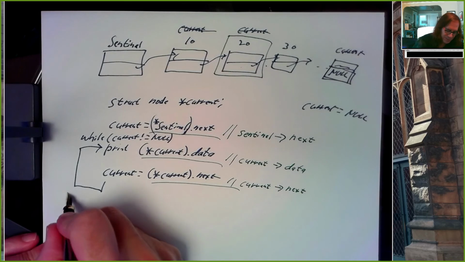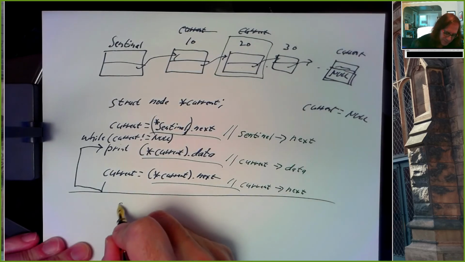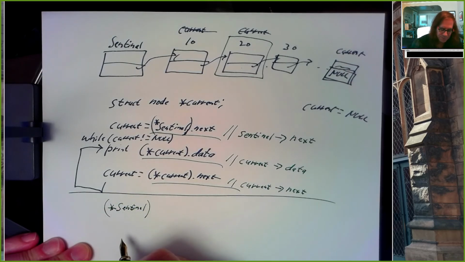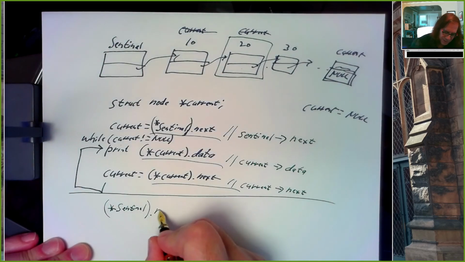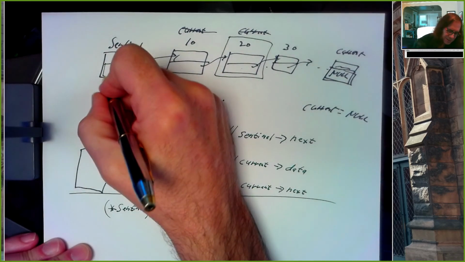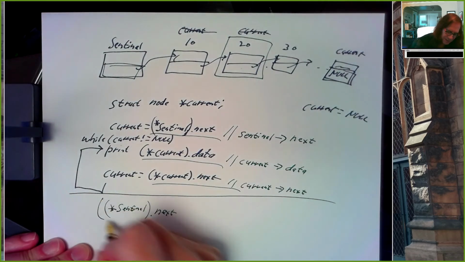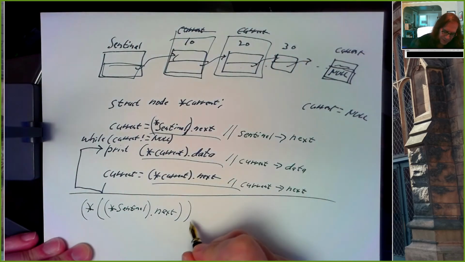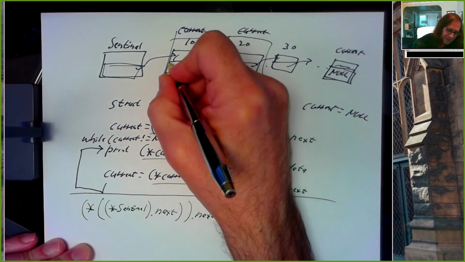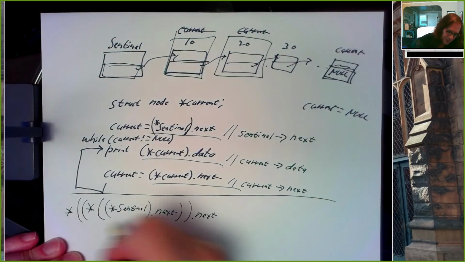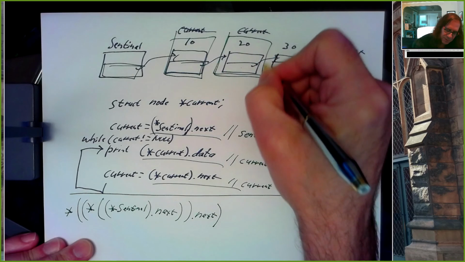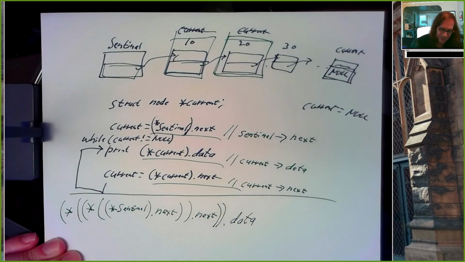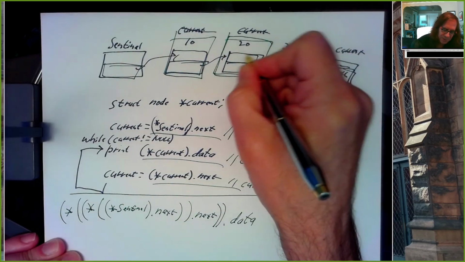Well, I could do this the old way by saying take the thing that sentinel points to, that's this box, grab its next field, that's this box, take the thing that points to, that's this node here, take its next field, that's this box down here, take the thing that points to, which is current, and then pick up the data piece of that. That would get me to my 20.